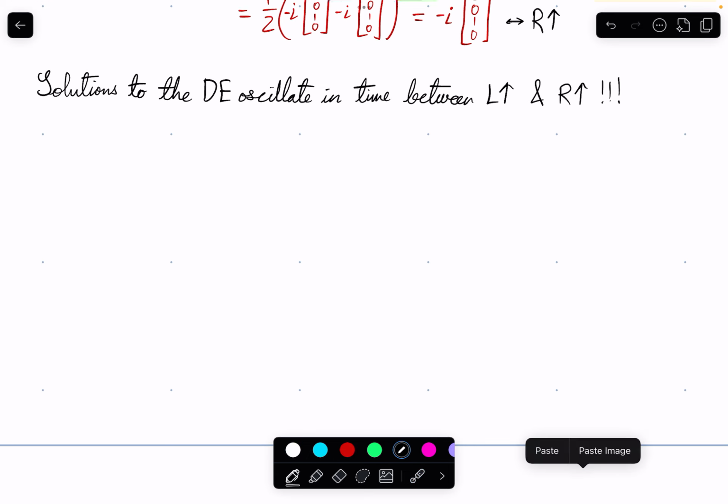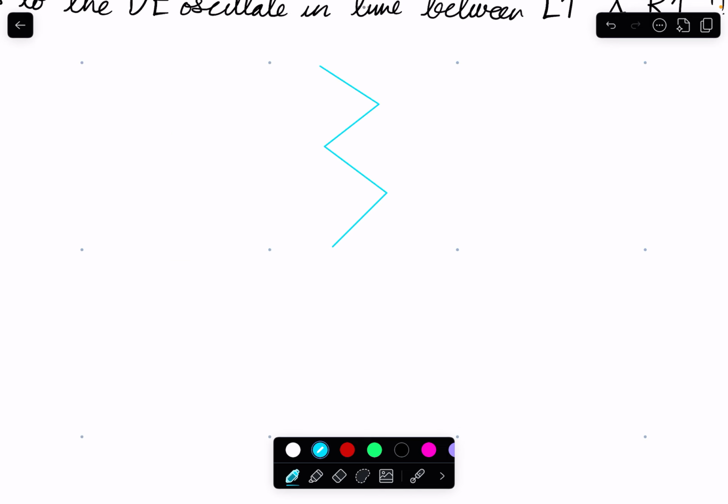If you have, for example, something go this way, then this way, this way, this way, you can see how something could oscillate. So let's say that this one is left-handed, right-handed, left-handed, right-handed.